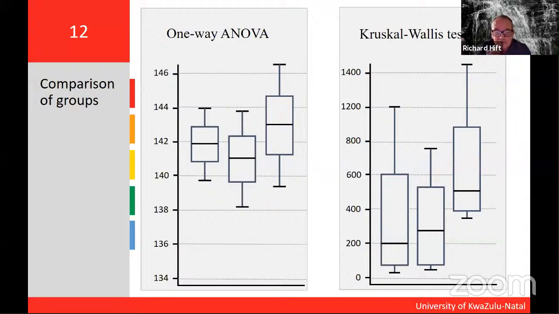So if you jumble all this up when you write your methods, it will be immediately apparent to a reviewer or an examiner. For me, the danger is not that they say this person doesn't know statistics, that's not the end of the world.